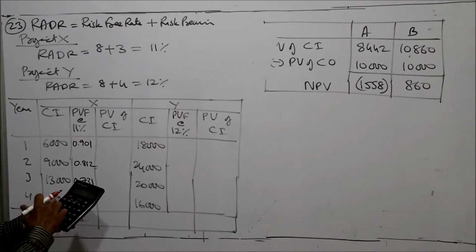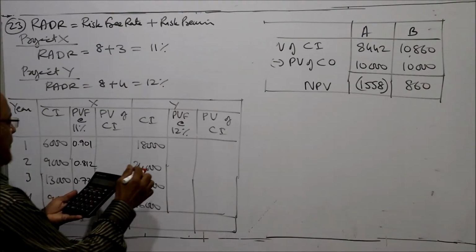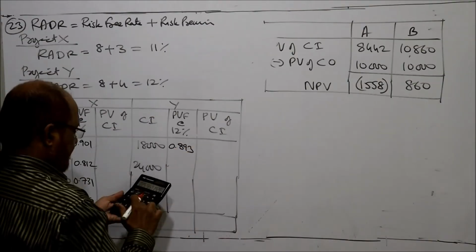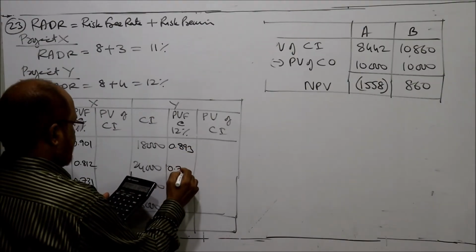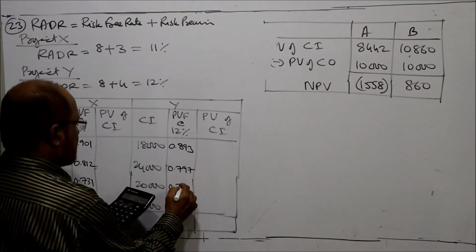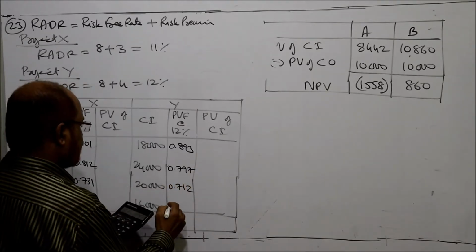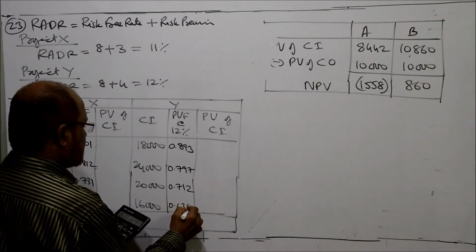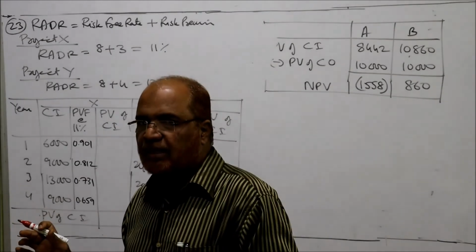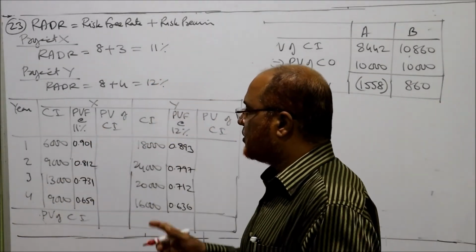Similarly 12%, 1 divided by 1.12: 0.893, 0.797, 0.712, 0.636. That's it. We have calculated the PV factors. We have taken the PV factors at 11% and 12%.